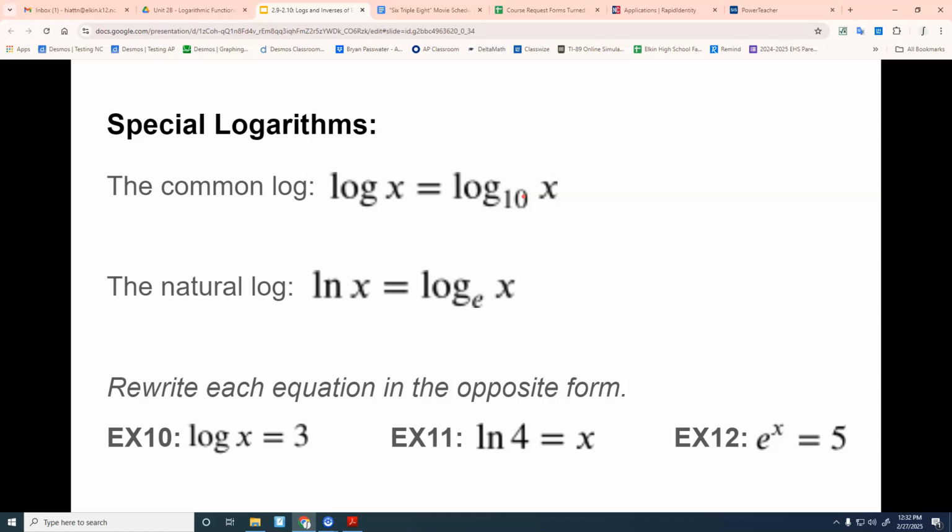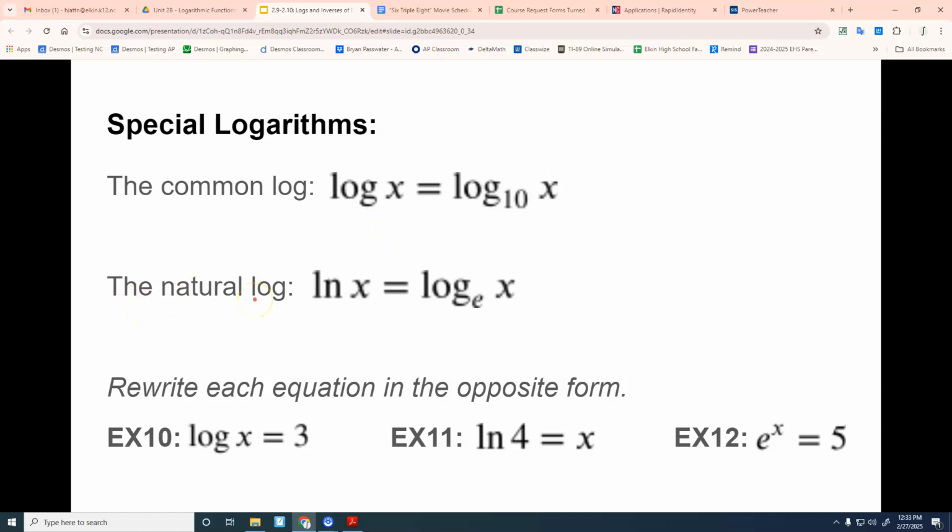So I'm not sure why they do that. I don't know if it's an international sort of thing, like there's some countries that maybe don't use the common log. So since that test is given in some different countries, they just do it this way to make sure you know what you're talking about. I'm not sure. But if you see any problems where there's no base, it is a 10.